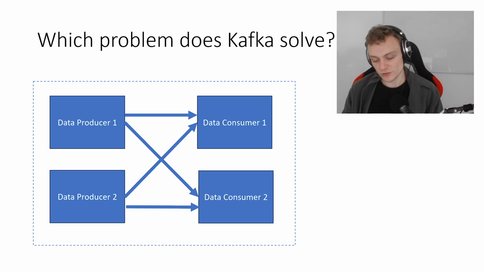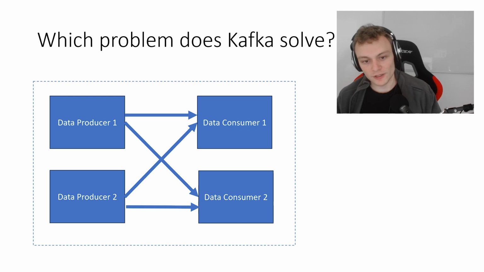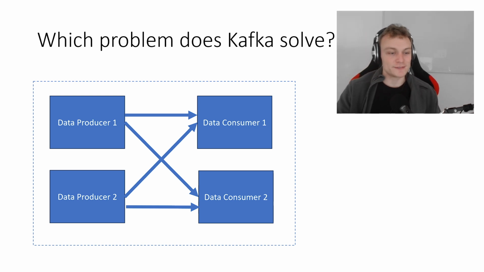The data producer has to have some way to share data with the data consumer. And the other way around, the data consumer has to have a way to retrieve data from a producer. Now, in a small application, as in the picture that you see on the slide, this is still relatively simple.